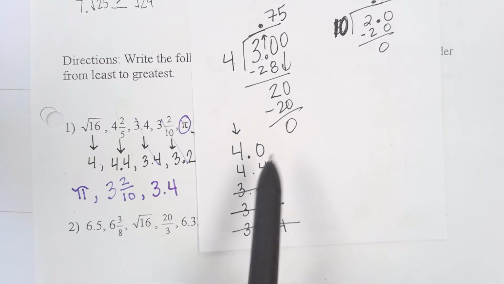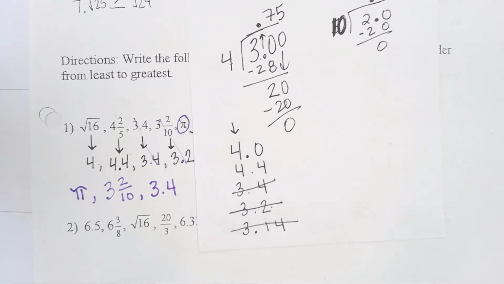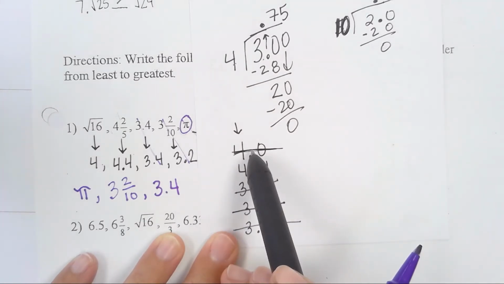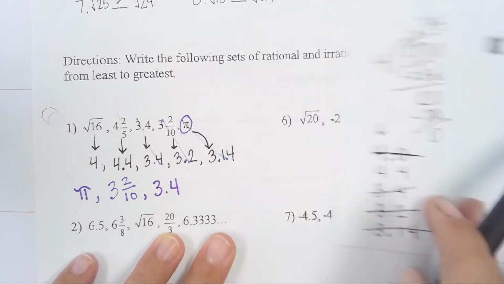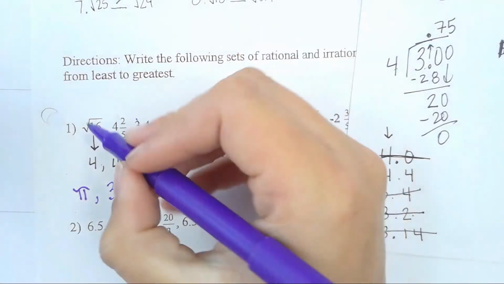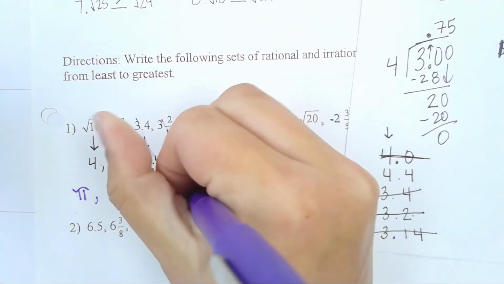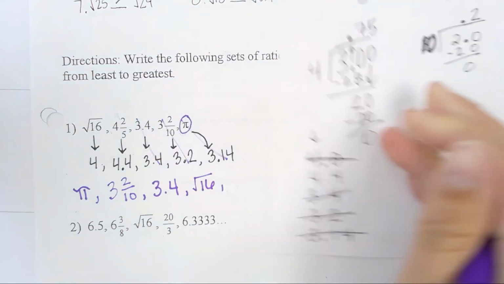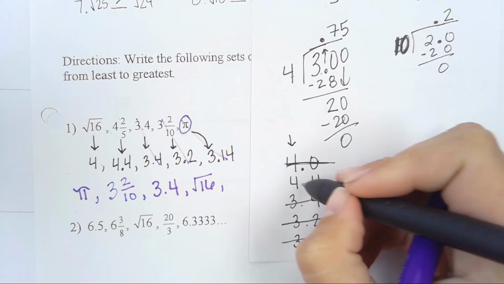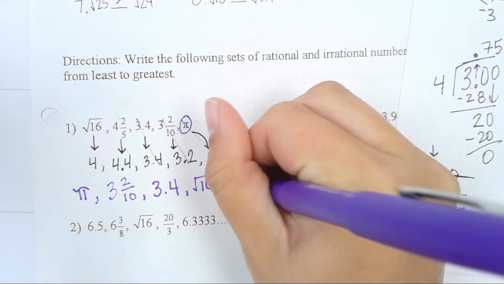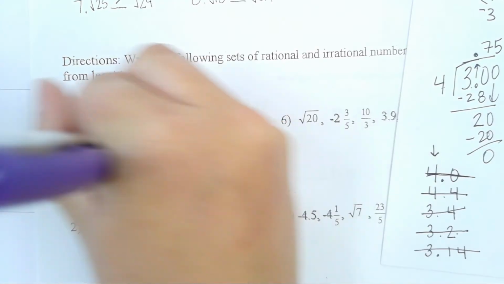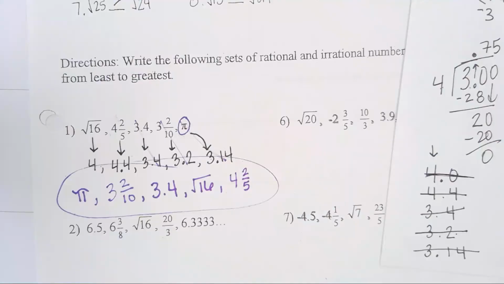So which one is going to be next in line? The 4.0 is, because 0 is less than 4, so that is going to be our next number. And remember, 4 was represented as the square root of 16, which means our greatest number was that 4.4. So in other words, this is what we needed for least to greatest. Okay.